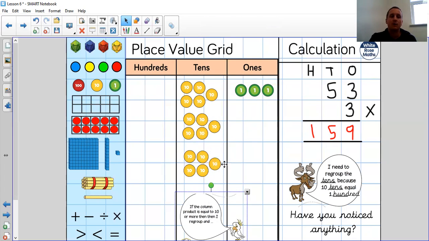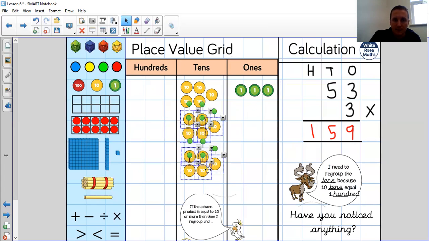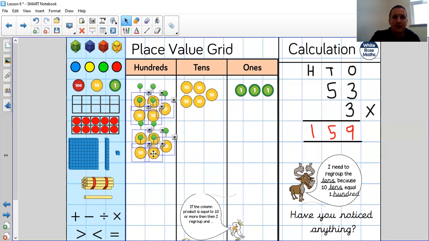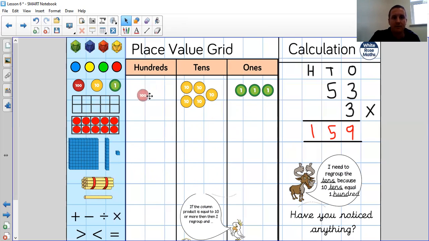Now, remember, when we get to 10 10s, that's when we make 100. So 1, 2, 3, 4, 5, 6, 7, 8, 9, 10. There's 10 10s here. That is the same as 100. Hopefully I can pick them all up now. There we go. So what I've just made is the same as one of those.